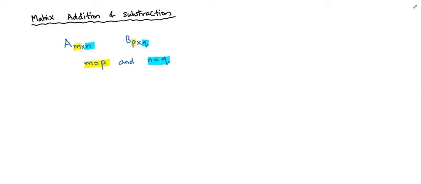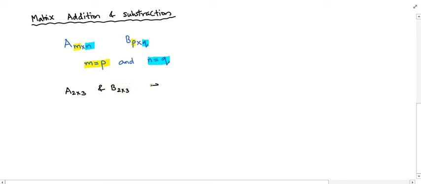For example, if A is a matrix of order 2 by 3 and B is a matrix of order 2 by 3 again, then it is possible to find A plus B and A minus B. When we add or subtract two matrices, it will again give a matrix, so it should have a dimension.